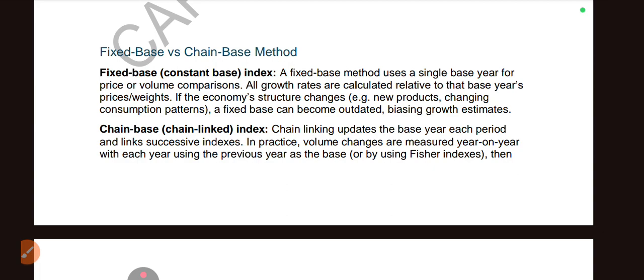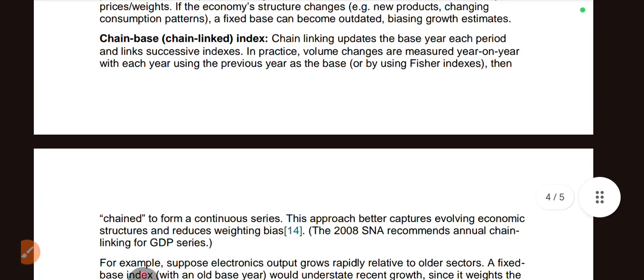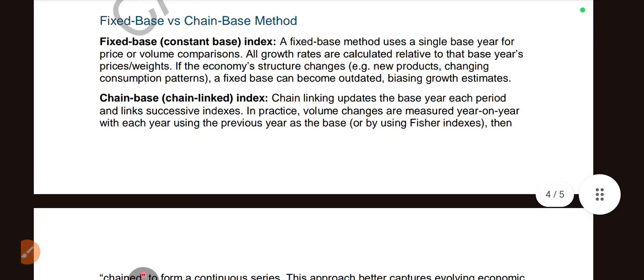For example, we take the previous year 2024 as base year when comparing to 2025. For example, the milk price is 100 rupees, and in 2025 it has increased by 5 rupees, so the milk price has increased by 5%. This is known as chain base. Fixed base means we compare with a fixed year, like 2011-12.